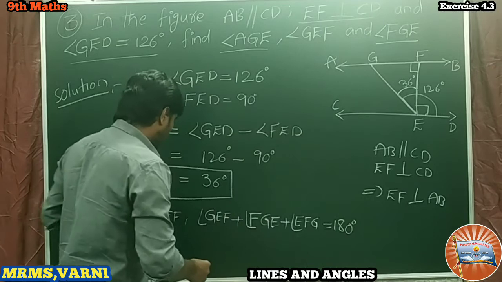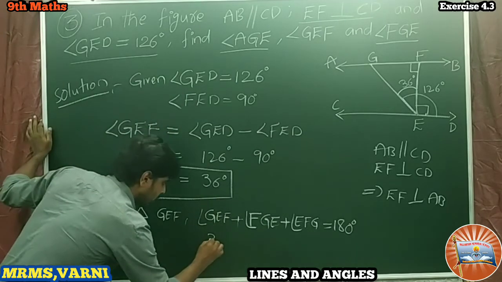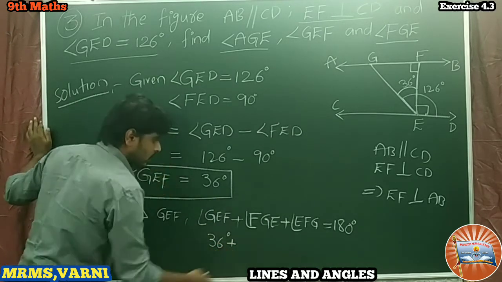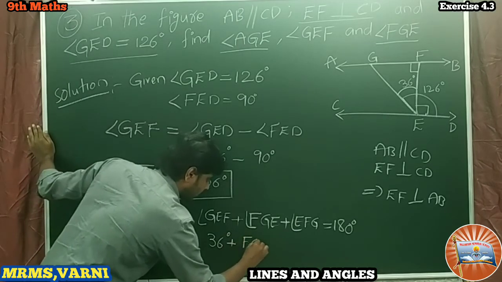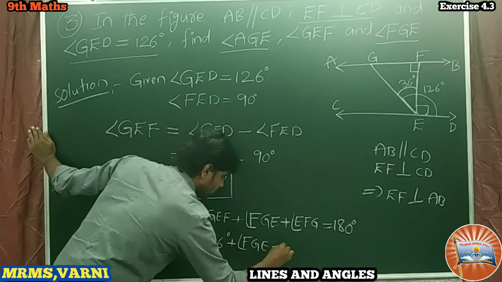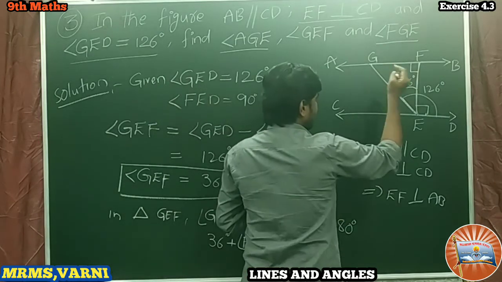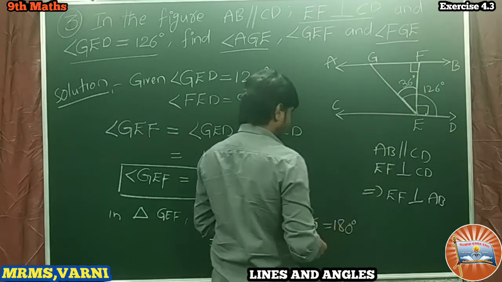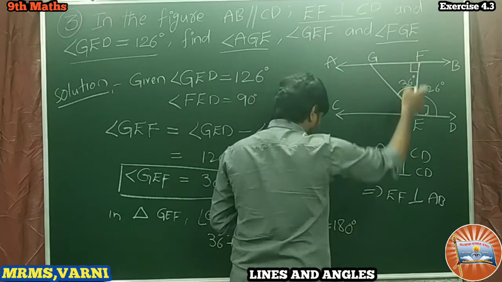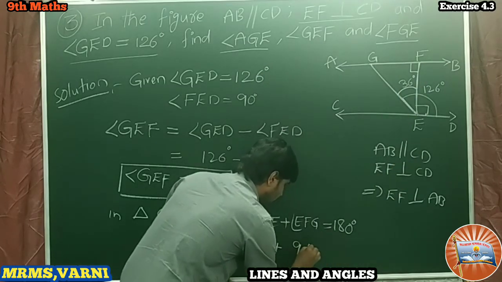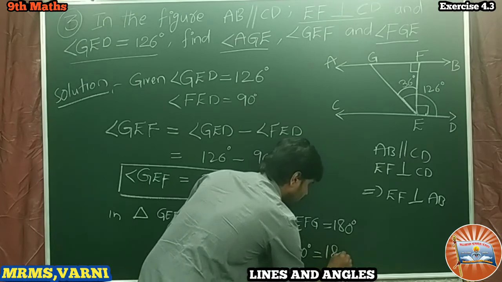That is why we can write this is also 90 degrees. So what I am going to write here: 36 degrees plus FGE, which we have to find, plus EFG, this is 90 degrees. How did we get 90 degrees?